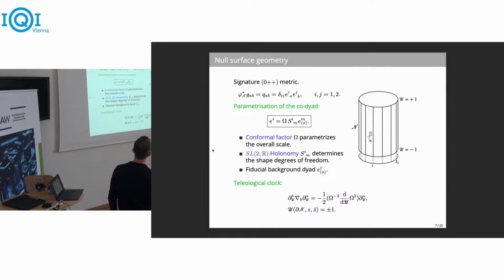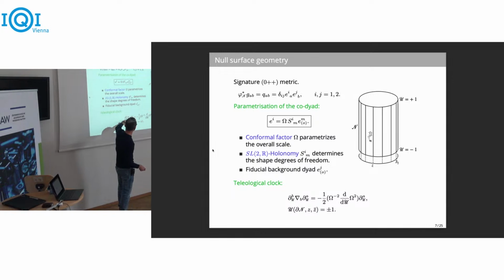And for reasons that become more obvious later on, the following choice is useful. If on the right-hand side you would have 0, this is what we call an affine parameter. This is the analog of proper time along the null rays. But I correct this by a term that is proportional to the expansion of the null rays.